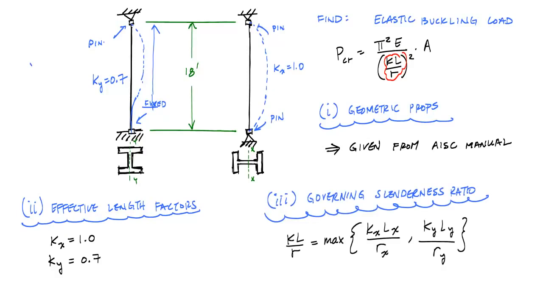And what it tells me is that whichever slenderness ratio is larger, that is going to be the axis about which this column will buckle. So if KxLx over rx is larger, then I know that my buckled shape will be about the x-axis, and it'll have this shape right here, this Kx equals 1, this diagram here. Whereas if the slenderness ratio about the y-axis governs, then I'm going to have this buckled shape over here on the left. And to compute the slenderness ratio is just a matter of plugging and chugging.